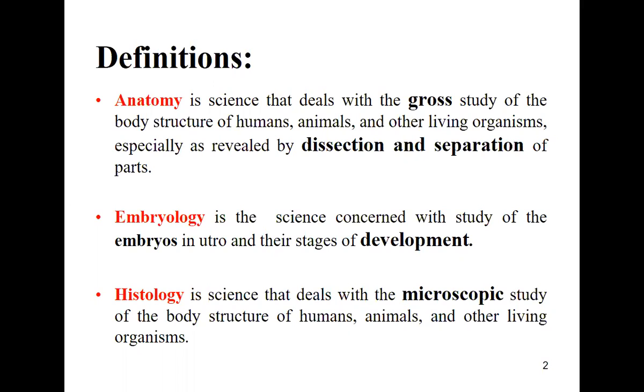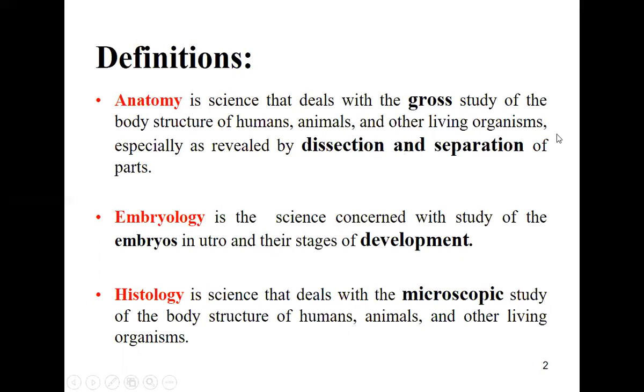especially as revealed by the dissection and separation of the parts. When we go back to the labs, at that time we'll see each structure. Dissection means cutting of the body. The dead bodies are cut and you can see the structures, that is called dissection, and separation of the parts.